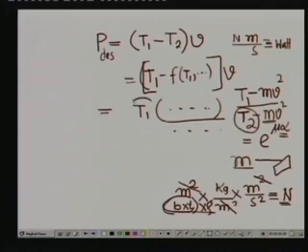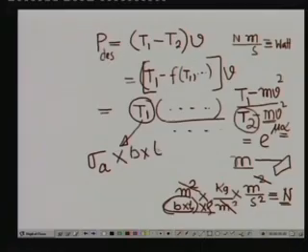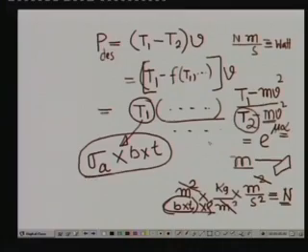Now, this T1 is basically the maximum belt tension. Now, this maximum belt stress is an allowable stress in the belt multiplied by its cross sectional area, isn't it? So, we replace T1 by this particular value, allowable stress into B into T.